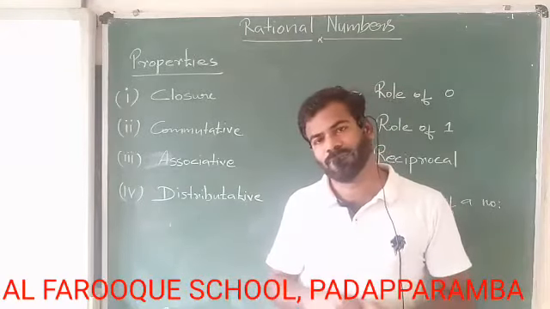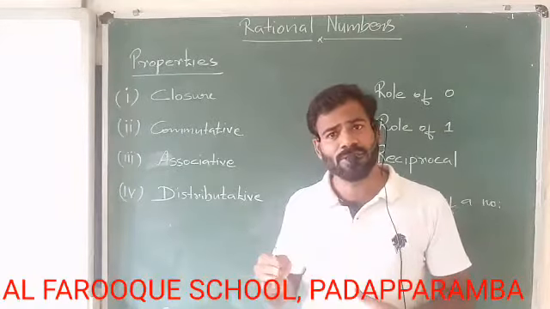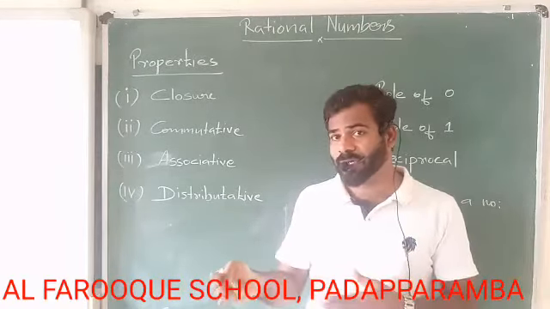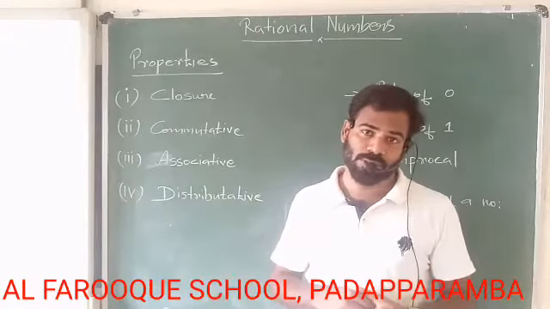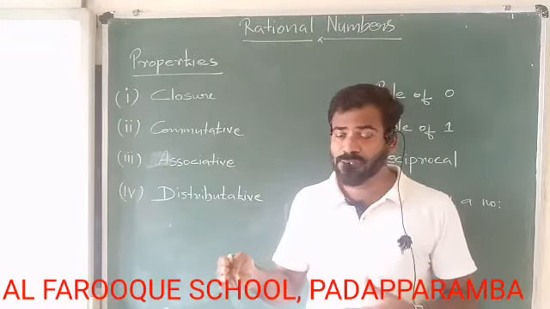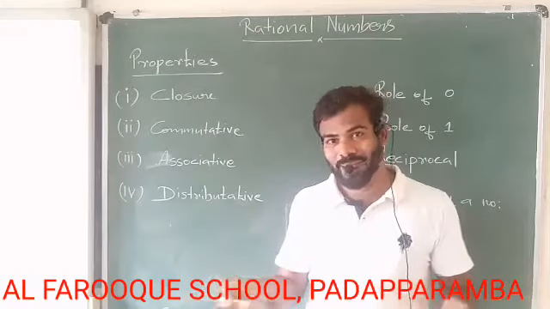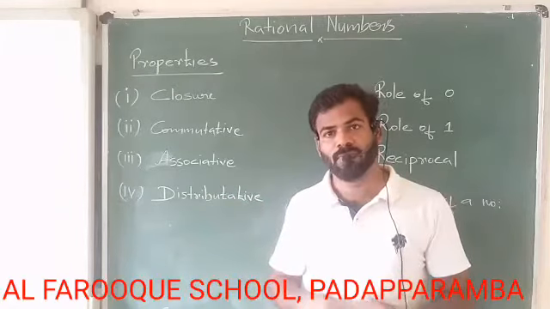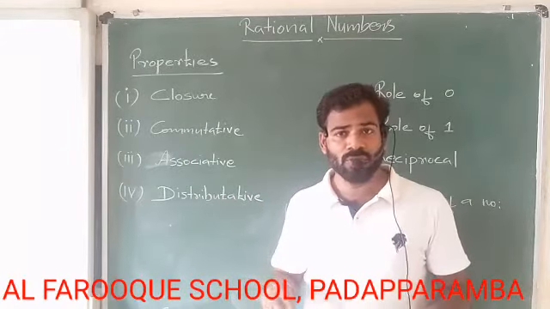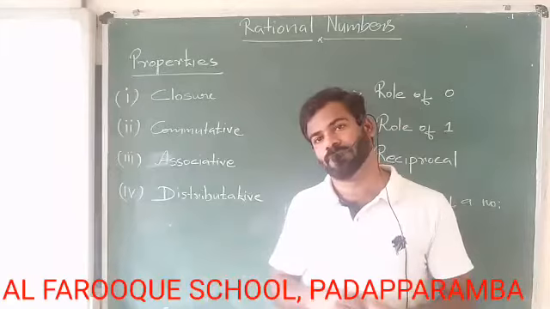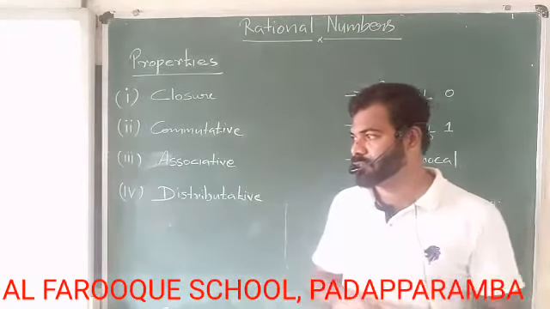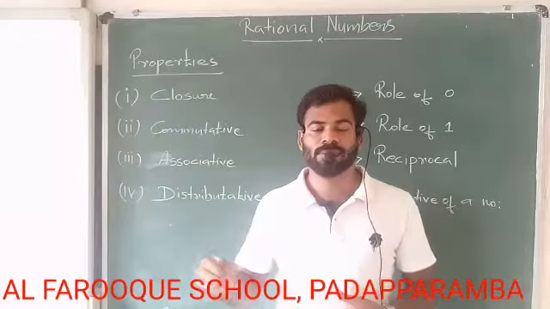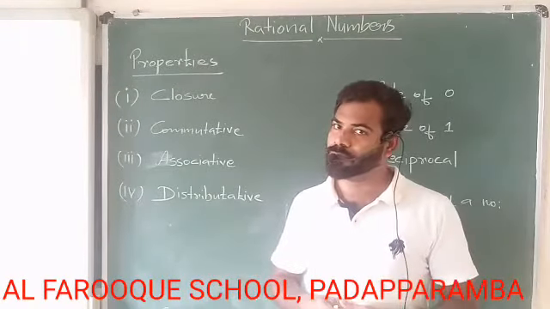What about subtraction? Subtraction is not closed. Why? If we subtract any two natural numbers, the result may be negative. For example, 5 minus 7. What is the answer? Minus 2. Minus 2 does not belong to natural numbers. So natural numbers are not closed under subtraction. Clear?